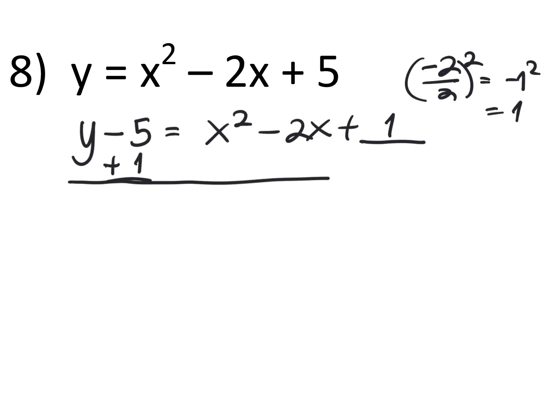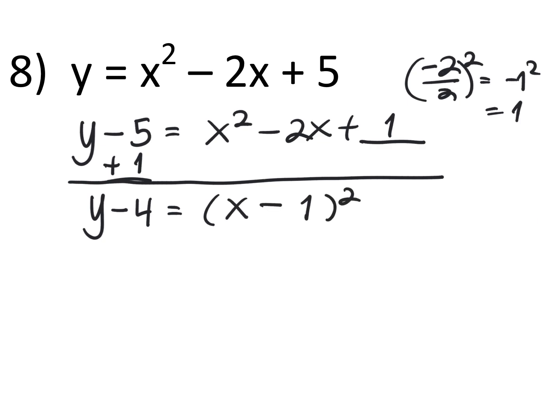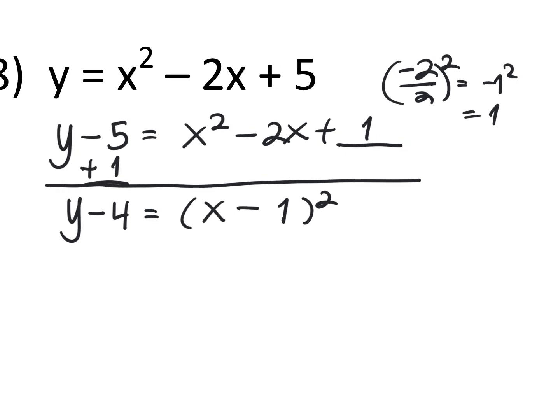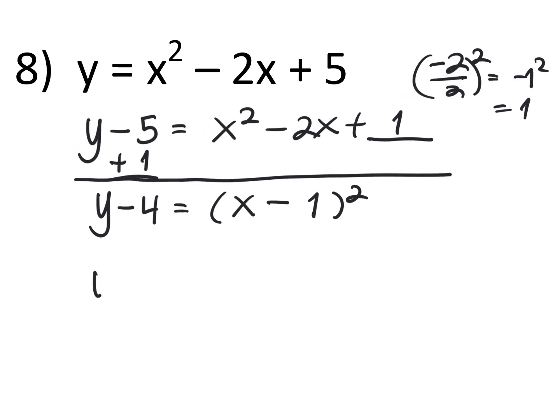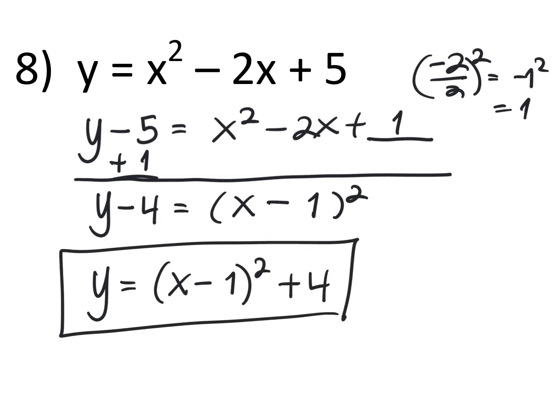So this is going to give us y minus 5 plus 1, which is y minus 4. Let's factor this one out already: x minus 1 squared. Transpose negative 4 on the other side. So that's going to give you a final answer of y is equal to x minus 1 squared plus 4. This is your answer.